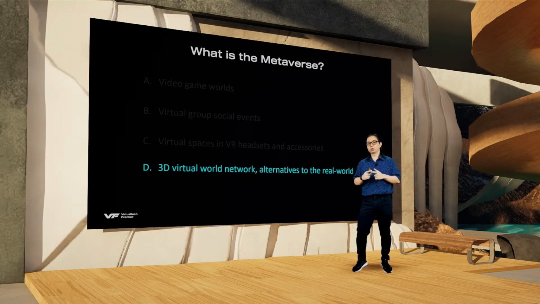However, these 3D virtual worlds must be interconnected. They must be within a network. And the second important part is they must also be viable alternatives to the real world. If not, we don't consider them metaverses. We only consider them metaverse-like. Now let me say that again. What is a metaverse? It is a network of 3D virtual worlds that are viable alternatives to the real world.